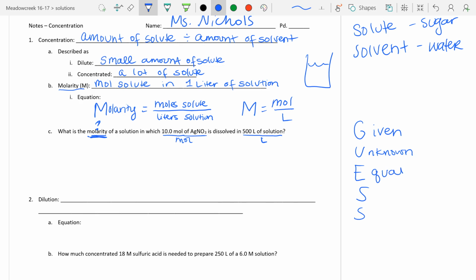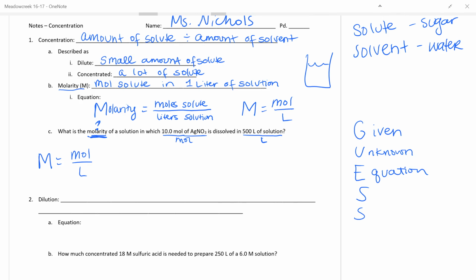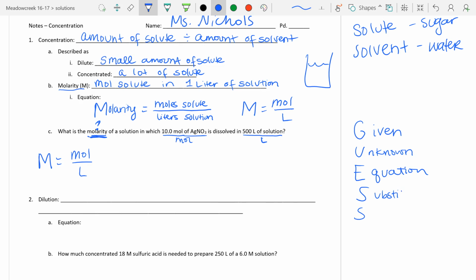E is equation. We write down our equation. We know our equation is M is equal to moles divided by liter. The first S in GUESS stands for substitution, or plug it in. So we know that our moles are 10.0 moles AgNO3 and our liters are 500 liters. And the last S stands for solve. So we would just solve.